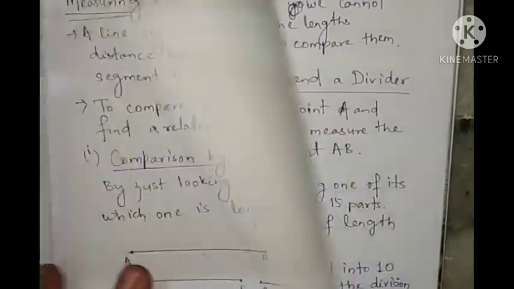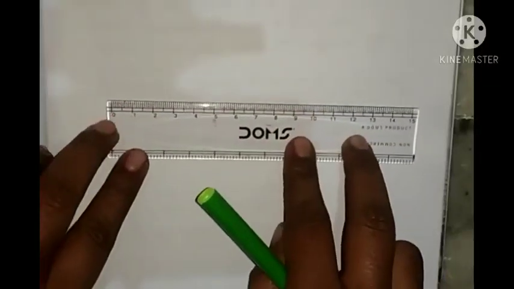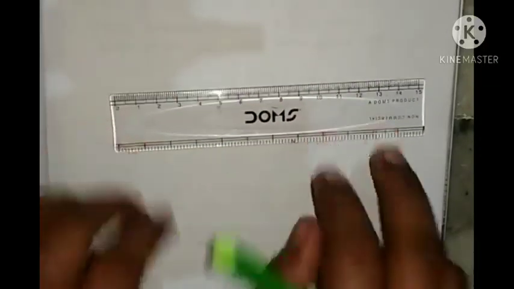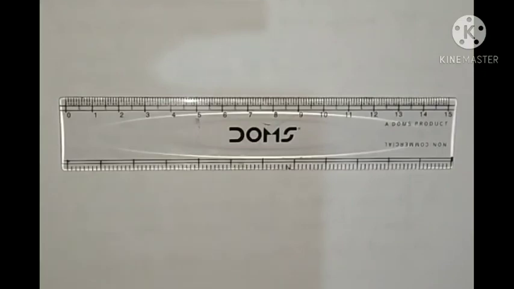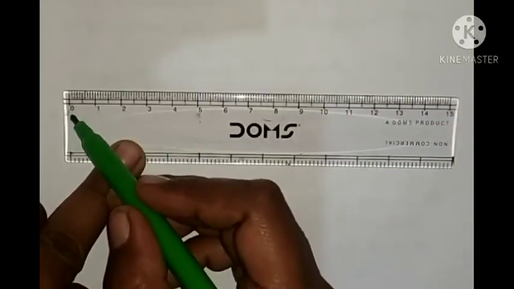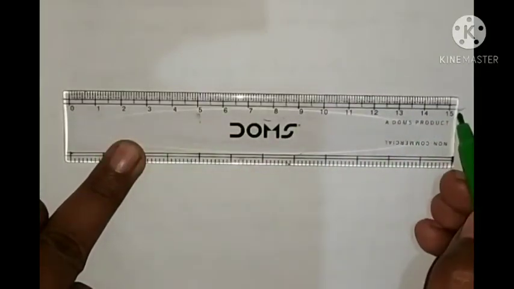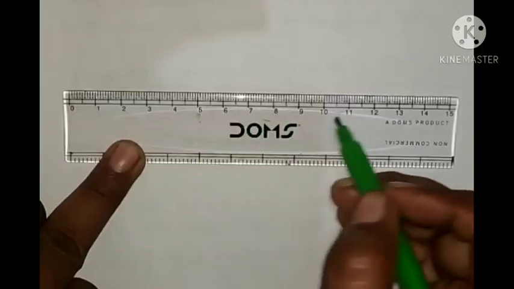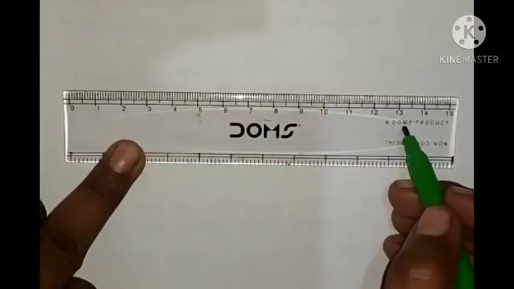Now you can see the scale. In the scale, it is divided into 15 parts. It has started from 0 and ended at 15, so it has been divided equally into 15 parts.